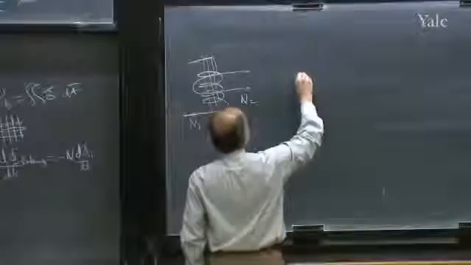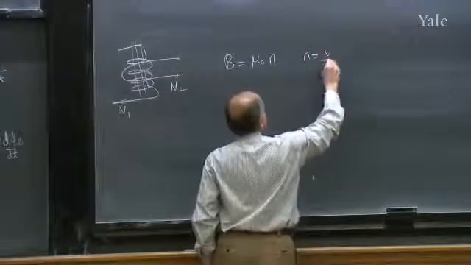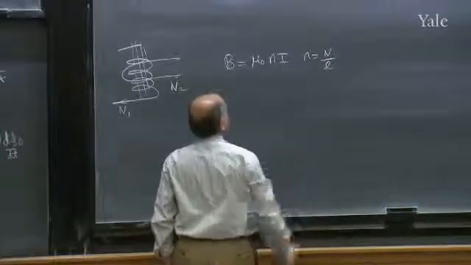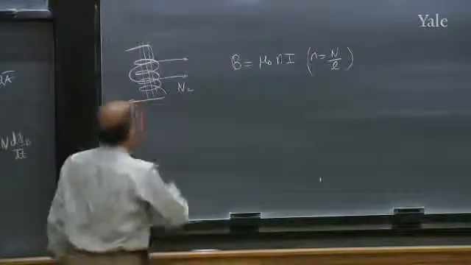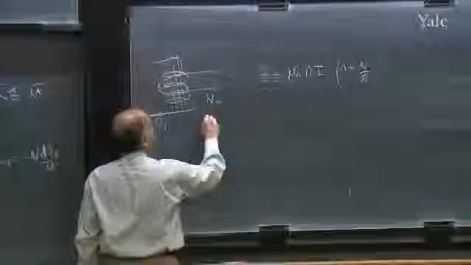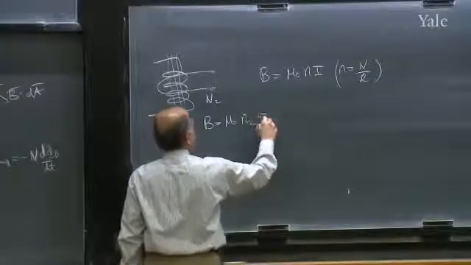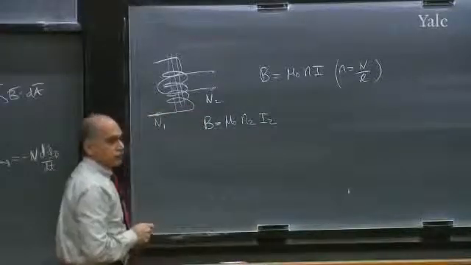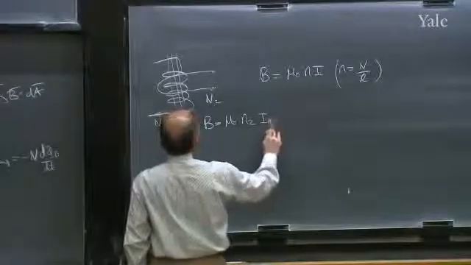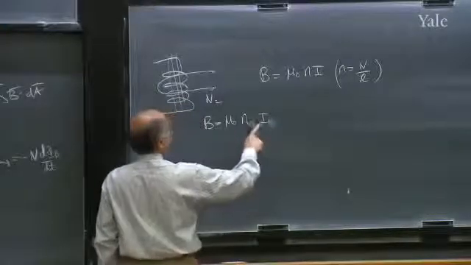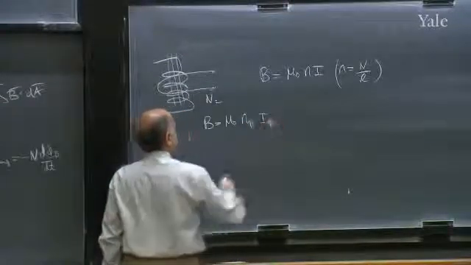Now you remember that the magnetic field due to any solenoid is mu0 times n, where n is the number of turns per unit length, times I. This is the first coil, this is N1, I1.